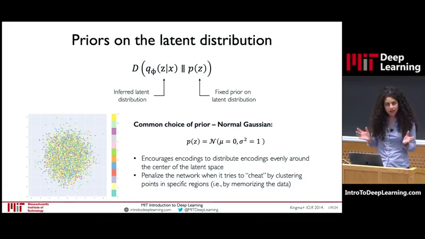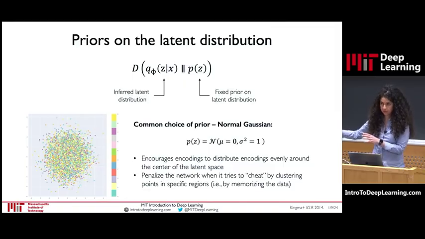And the rationale here is that it's going to encourage the model, hopefully, to distribute the encodings of these latent variables roughly evenly around the centered latent space. And we can further try to penalize the network when it tries to cheat and diverge too far from this prior.